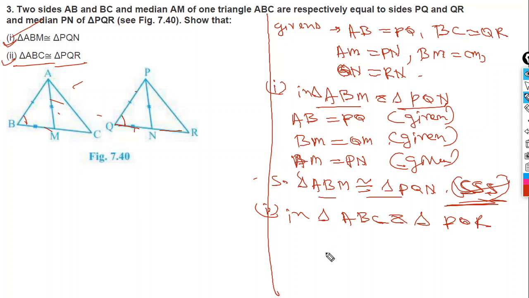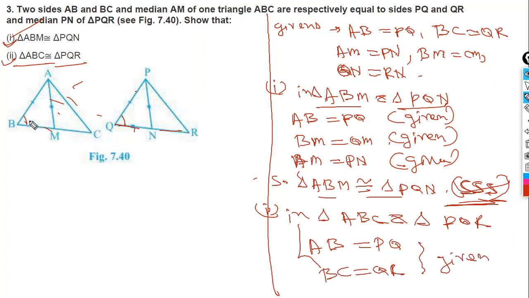So AB equal to PQ, BC equal to QR, both are given. Now these two sides and the included angle, angle B equal to angle Q, as triangle ABM and triangle PQN are congruent.